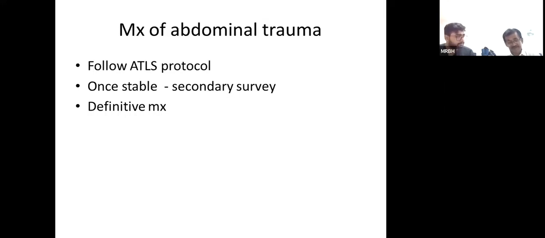He might be on some drugs like anticoagulants, might be steroids. So this is very important. History is incomplete unless you go to this part, the past medical history of any comorbid illness or any drug. Because if the patient is on anticoagulants, there are increased chances of bleeding, and then you have to address that anticoagulant drug effect.